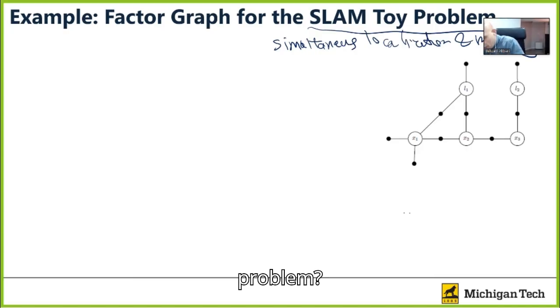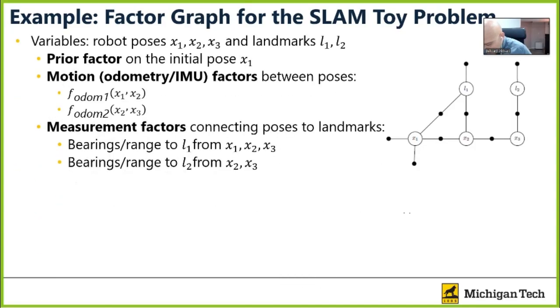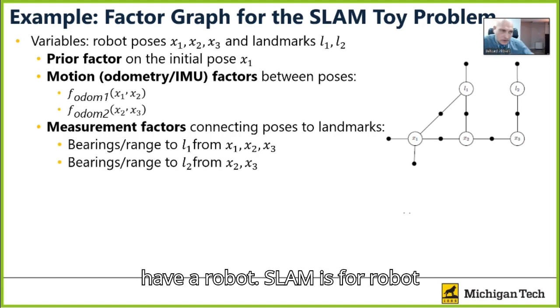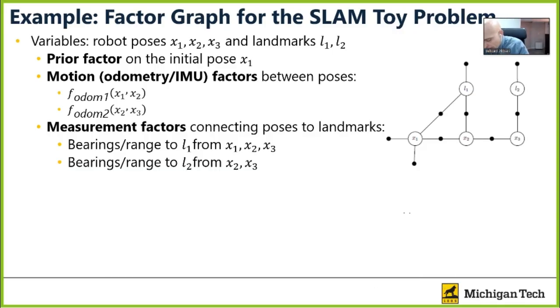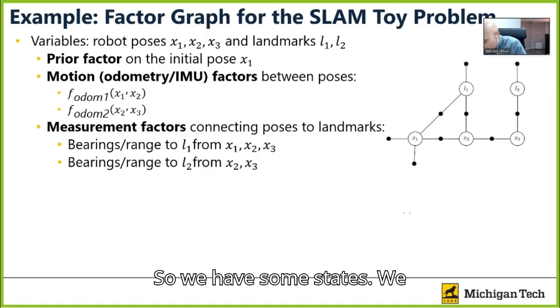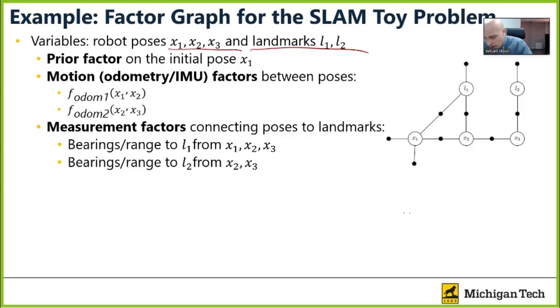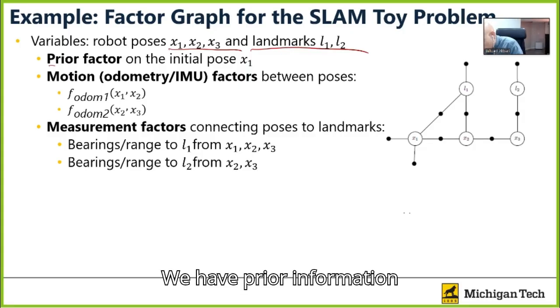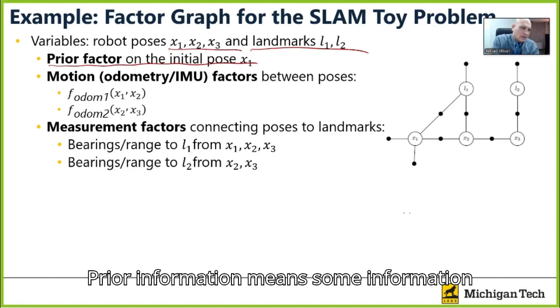So what do we have in this problem? In SLAM, we have a robot. SLAM is for a robot because the robot needs to simultaneously localize itself and find the map. So we have states. We have landmarks. Landmarks are just reference points. We have prior information about landmarks and states. Prior information means some information about landmarks.